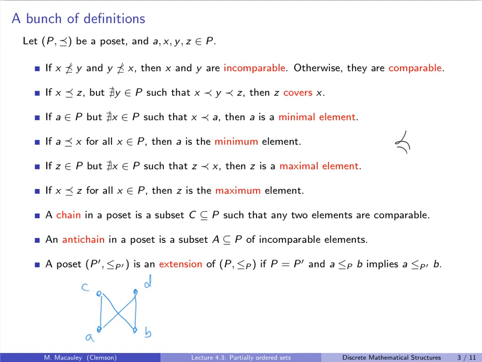So an extension just means that anytime that you have an edge over here, well, first of all, an extension is going to be on the same underlying set. Let me just give you an example.